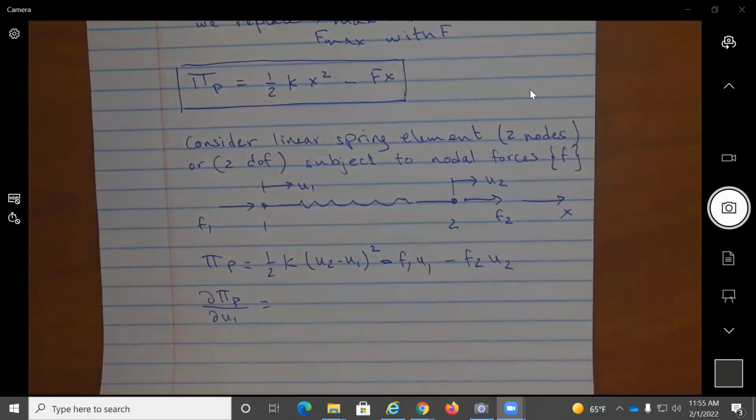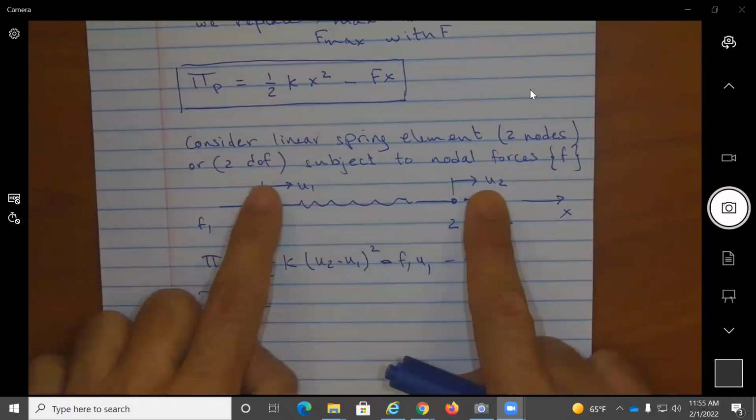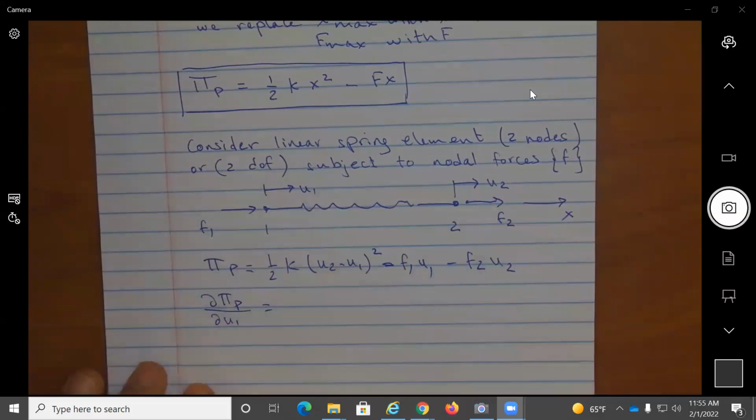So why do you decide to subtract U1 from U2? How would you calculate the strain in the spring? You'd look at the change in length, right? So the change in length with respect to the original length. So the deformation of the spring is equal to the change in length. How would you measure the change in length? You subtract U1 from U2, because both of them are going in the same direction. So you get the difference.